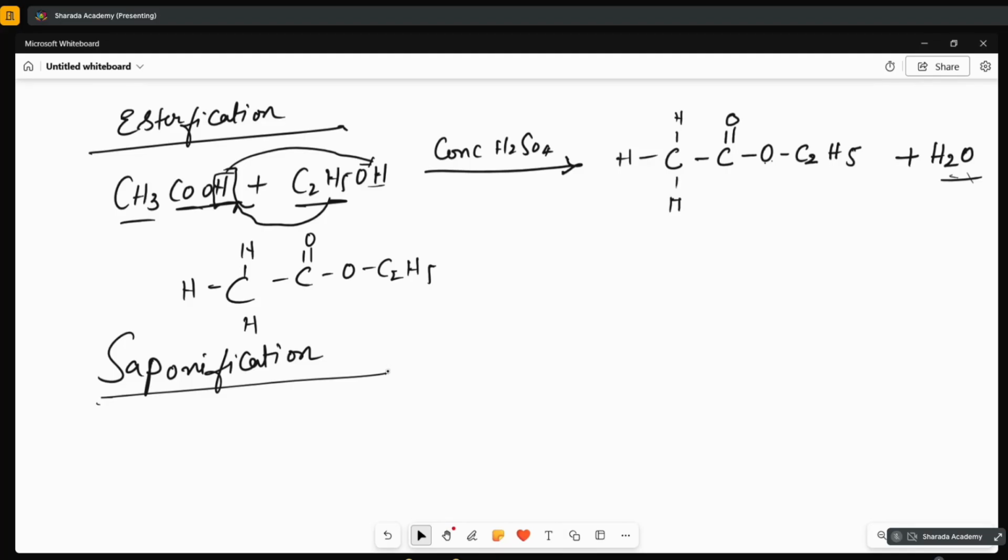It is a salt actually. Write down this. Saponification. Write down this saponification.